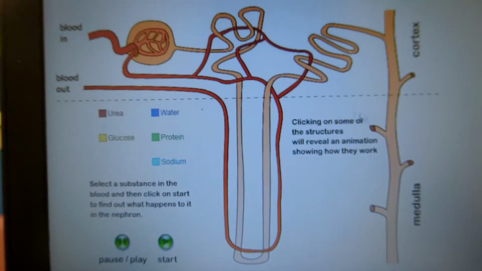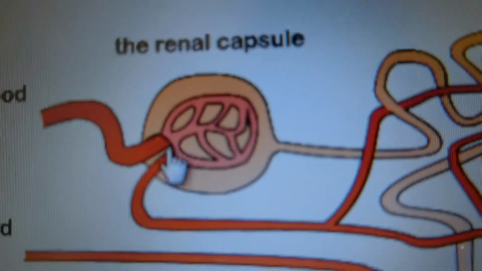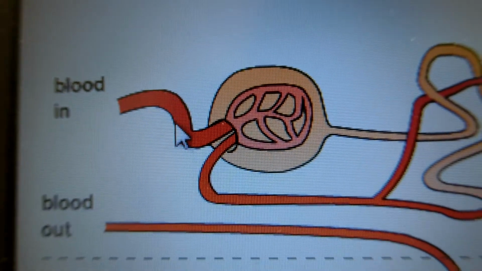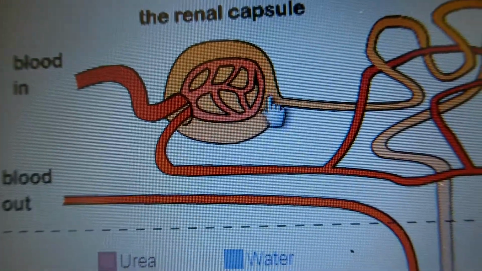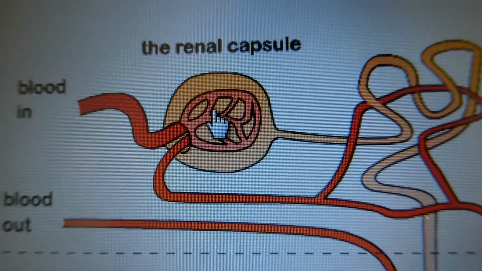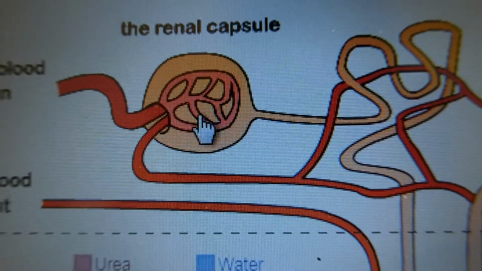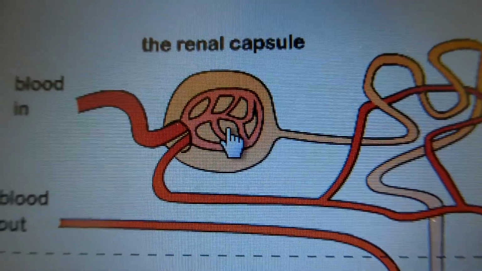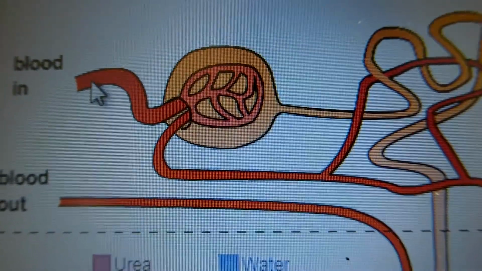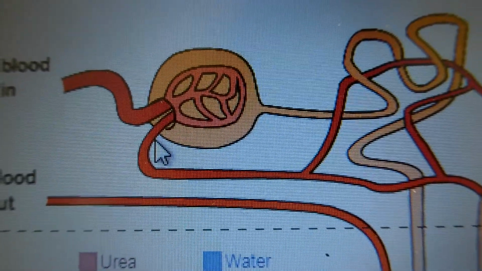To orientate you a bit with regards to the blood vessels: at this portion here, blood vessel going in, this entire network of blood vessels in your Bowman's capsule is called the glomerulus. The Bowman's capsule together with your glomerulus is called the Malpighian corpuscle. If you notice, the blood vessel going in is much thicker than the blood vessel coming out.